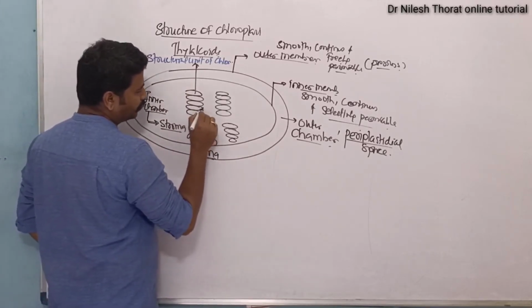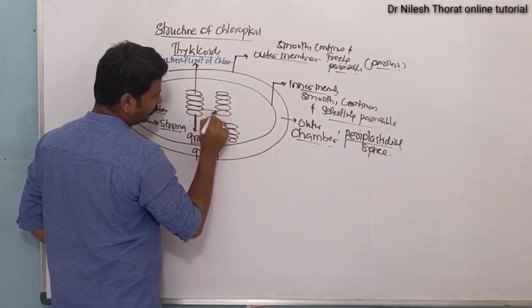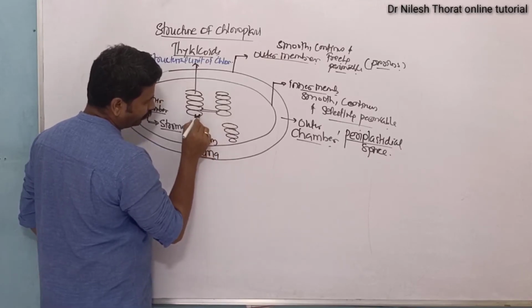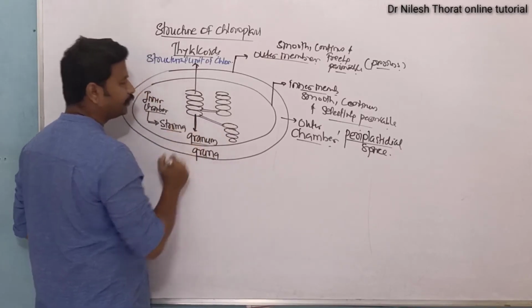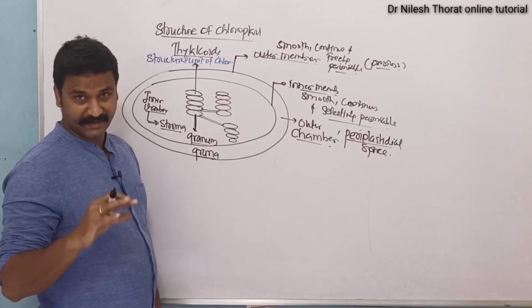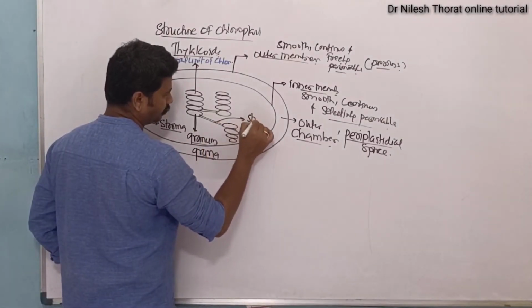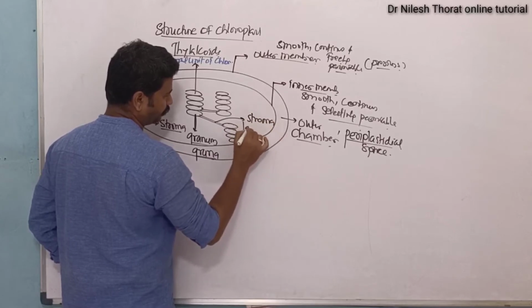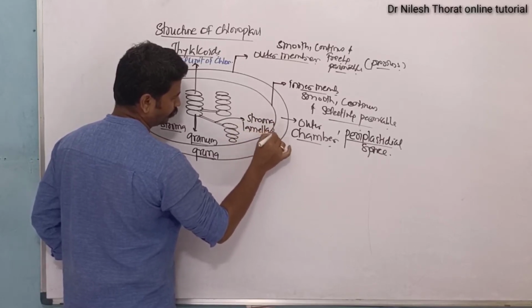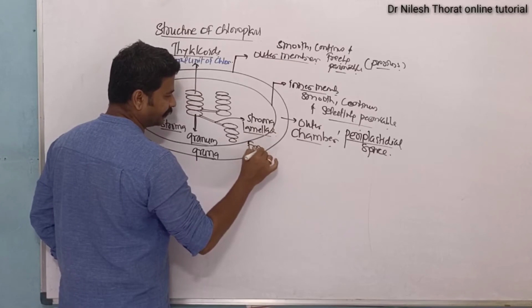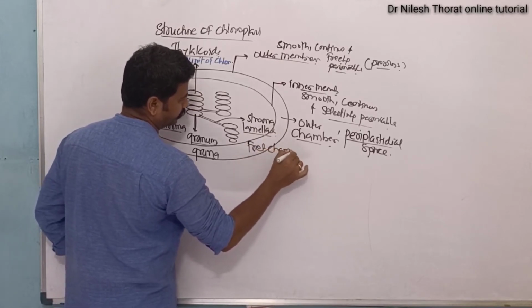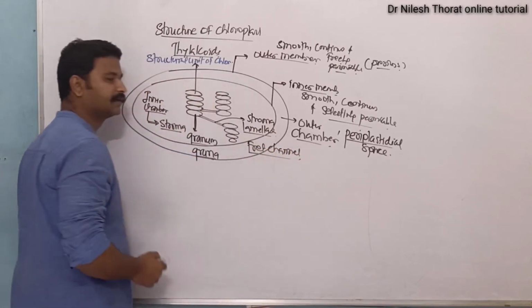These piles or the granum are interconnected with the help of tube-like channels called as stroma lamellae or Frets channel. Clear?